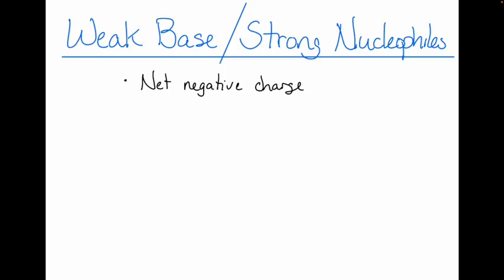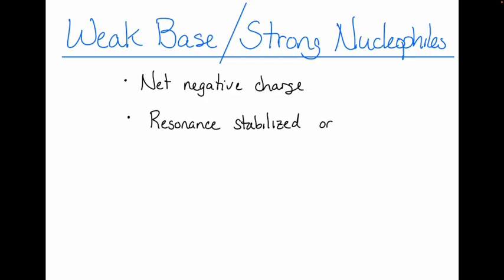There are two features, going back to our Fario rules, that we would expect to see for these weak bases, meaning that their conjugate acids are nice, strong acids. That means that the conjugate base has to be relatively stable. There are two main factors that stabilize that negative charge, one of which is resonance. So if we have a resonance stabilized negative charge, it's a nucleophile, but it's resonance stabilized, so it's a weak base.